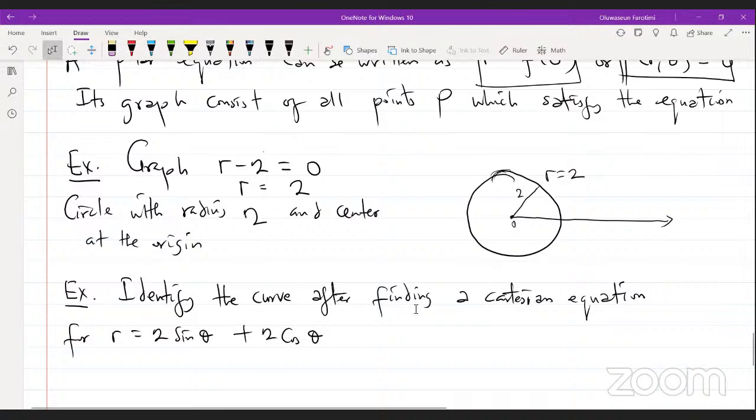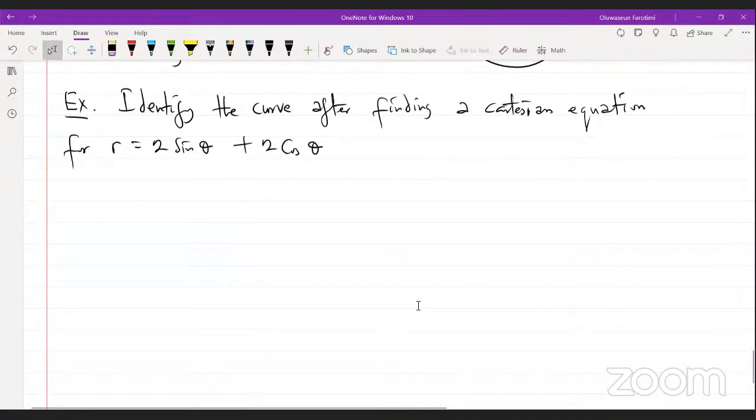I want you guys to pay attention to this because it's a little bit different from what we've done. We're given that r equals 2 sine of theta plus 2 cosine of theta, right?